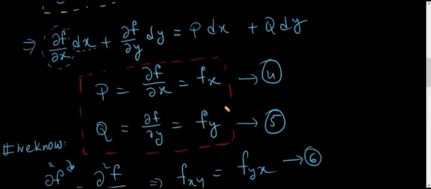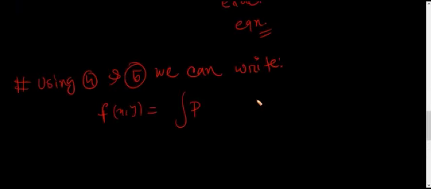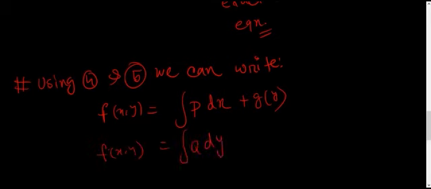Okay, yeah, we have to integrate with respect to x, so ∫p dx. And now you might think there is a constant, right? But it's just not a constant, it's a constant with respect to the x variable. So the general constant will be just a function of y, like this. Or you could use 5, and write f(x,y) as ∫q dy, and now there will be some function h of x. Any of this will do.